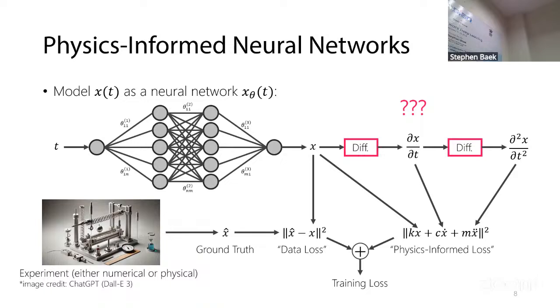The idea of physics-informed loss is that since we do know the governing equation of the system, which for the harmonic oscillator case is m x double dot plus c x dot plus k x equals 0, right? We know that mathematical relationship.